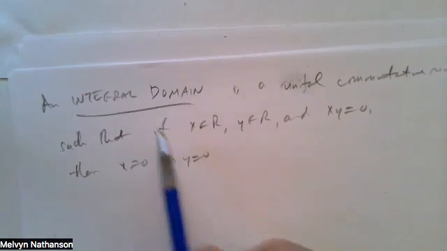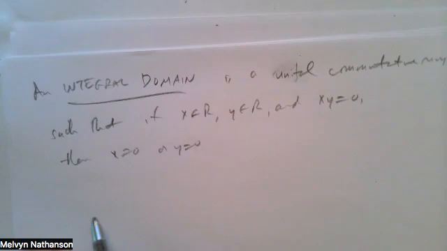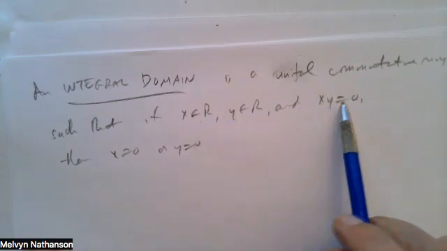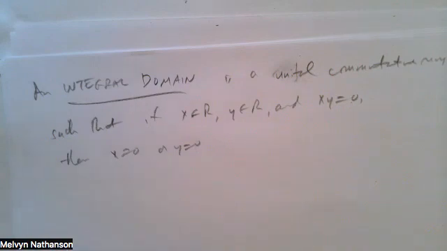So an integral domain is a commutative ring that has the property that the only time a product of two elements is 0 is if one of the elements of the ring is 0.